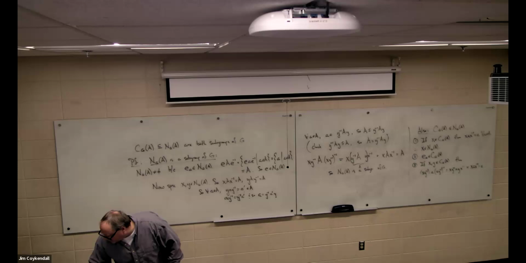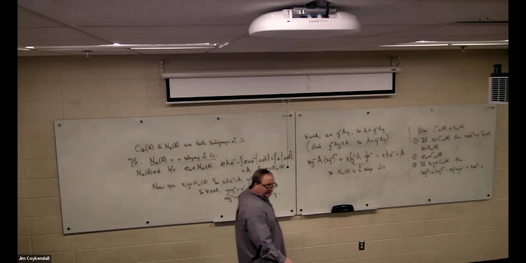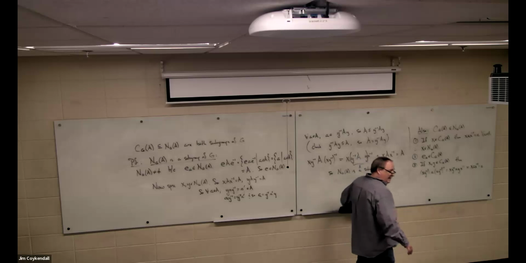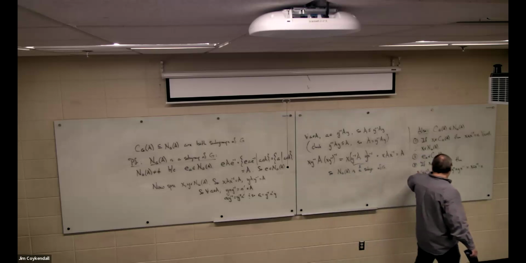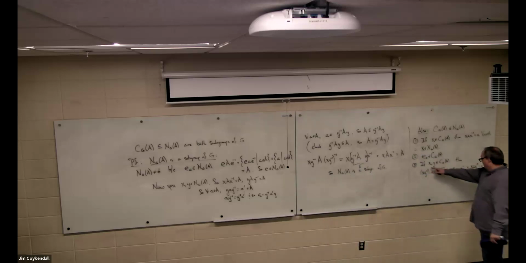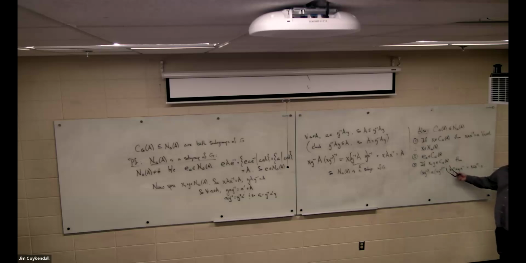Any questions on this so far? Yes. Can you walk through the number 3 again? Okay, so X and Y are in the centralizer of G of A, right? So what I'm doing is I'm making sure that X, Y inverse is also in the centralizer because I want to use the subgroup criterion.